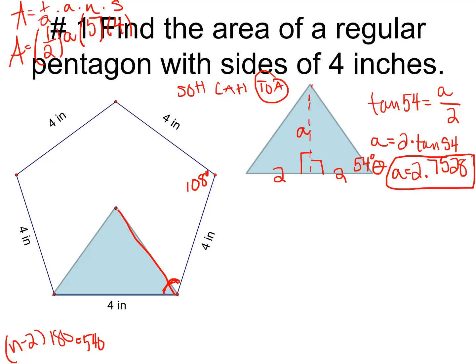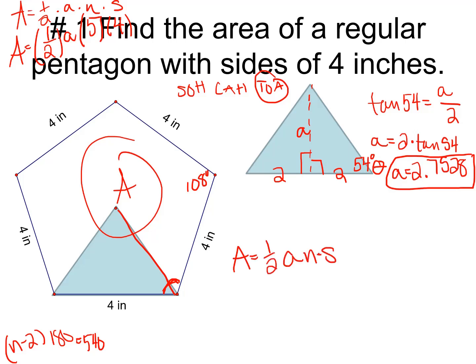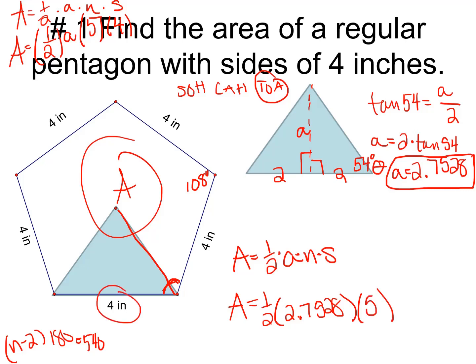Remember, we want to find the area of the whole regular pentagon. Area is 1/2 times the apothem times the number of sides times the side length, right? We just found the apothem to be 2.7528. The number of sides in a pentagon is 5, and the side length is 4 inches.